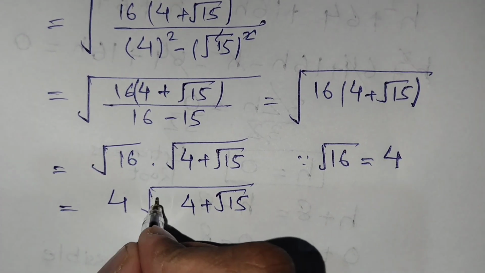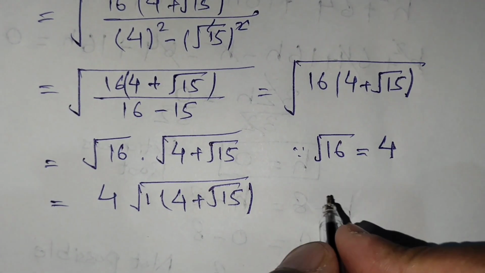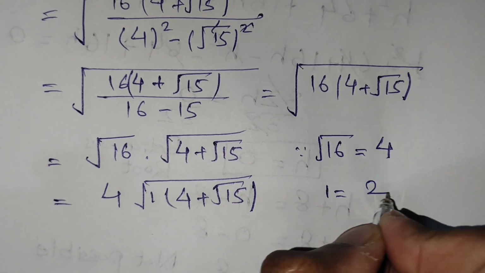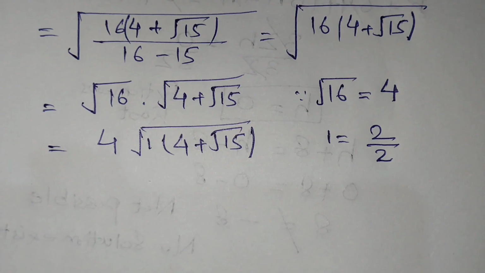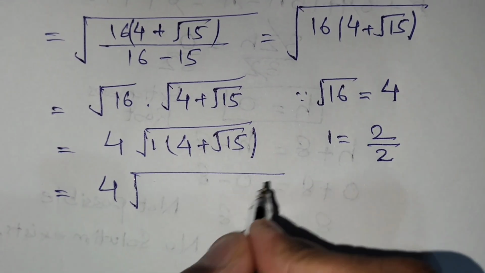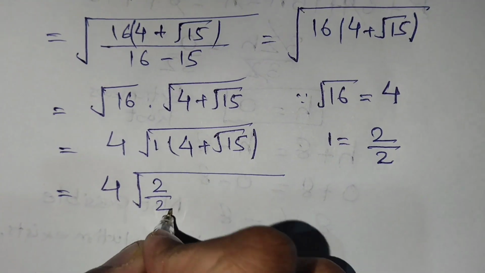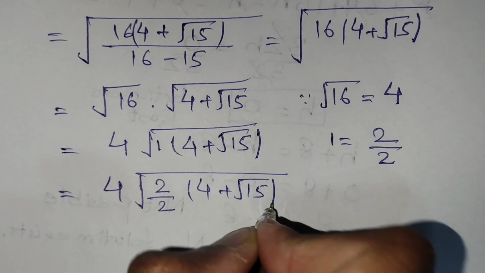As we can see that only 1 is multiplying with this. So can we write this one as 2 divided by 2 for completing the square? So this will be equal to 4 times square root of 2 divided by 2, 4 plus square root of 15.